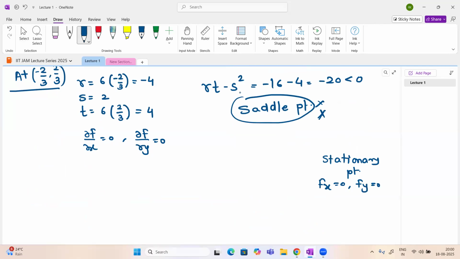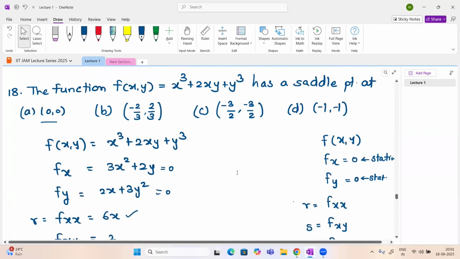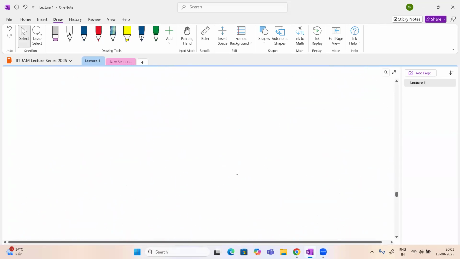Then we classify whether it is maxima, minima, or a saddle point. The second point doesn't satisfy this condition, so that's why it's not a saddle point. Okay. Thank you, sir. Most welcome.